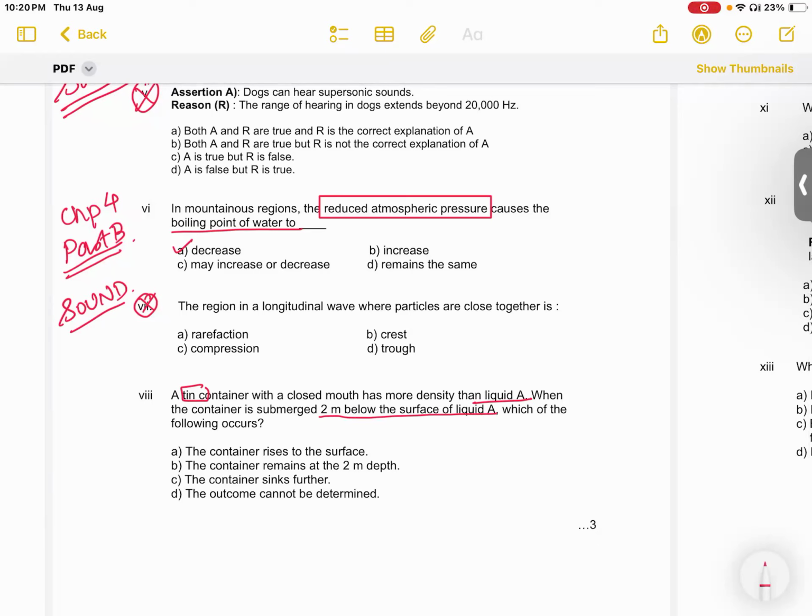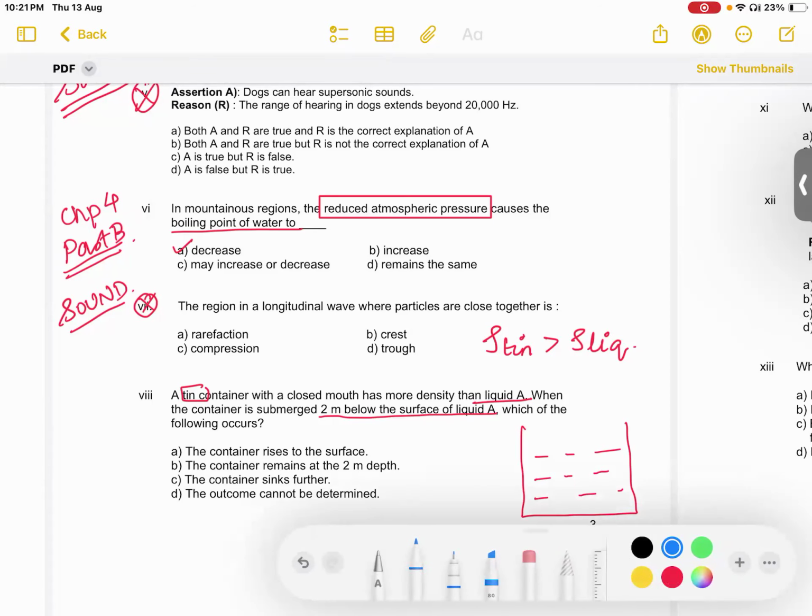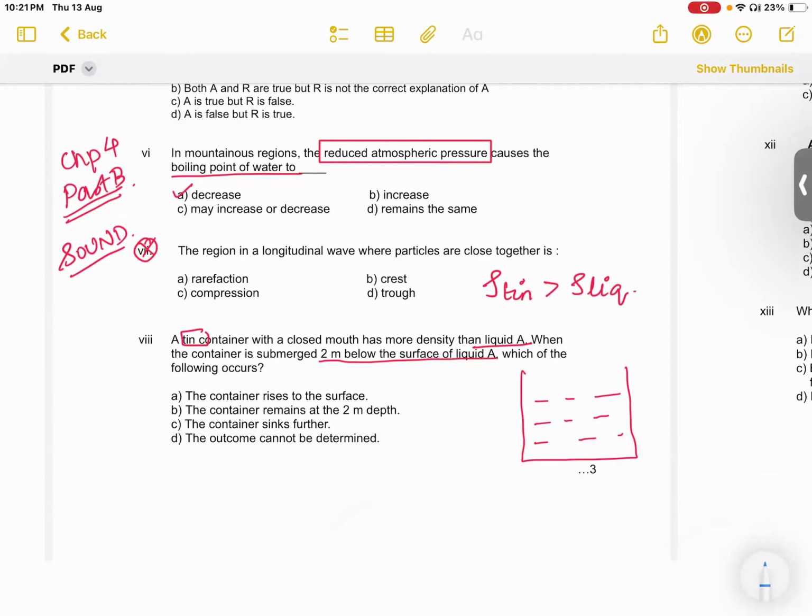So I'm writing, density of tin is greater than density of liquid. Let's say a beaker in which I had a liquid. Inside the liquid, guys, as per the question, I'm going to put the container just 2 meters below the surface. Somewhere over here, just as an example, it is here. Which of the following will occur?